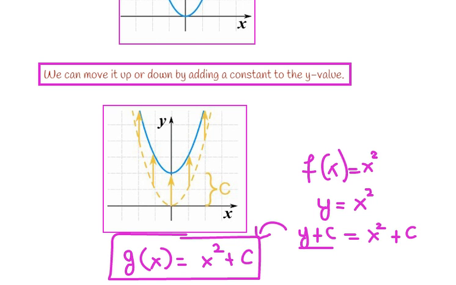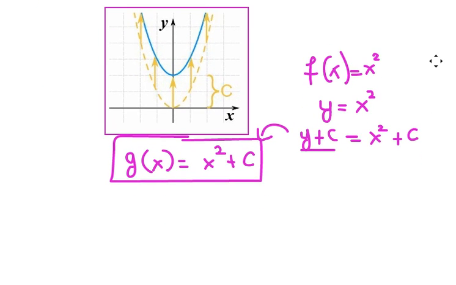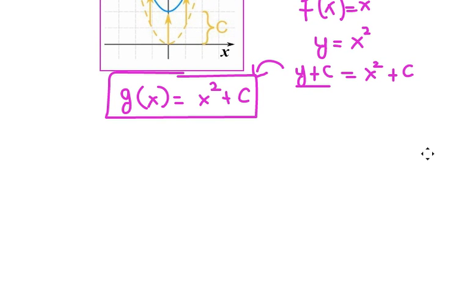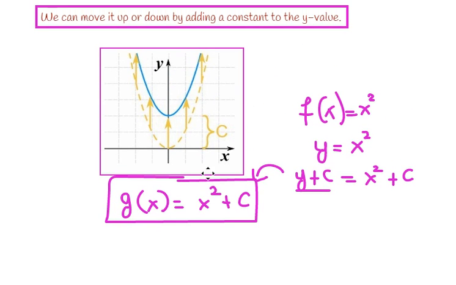Up till here, any confusion? Move on. Now this is in case we want to move the graph up. What if we want to move the same graph, the parabola, down? Then instead of adding a positive value, we will use a negative value for c.